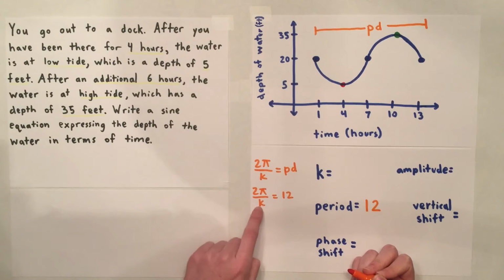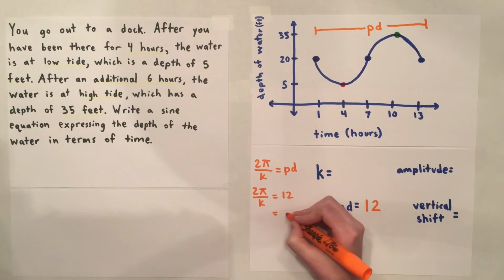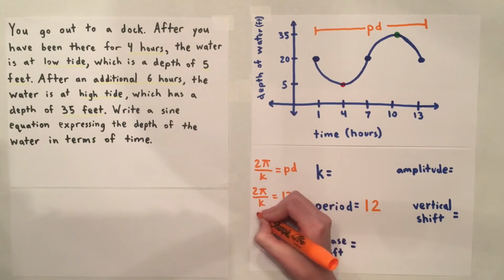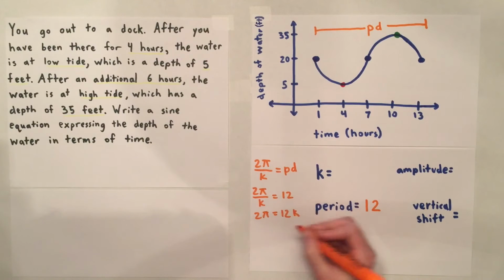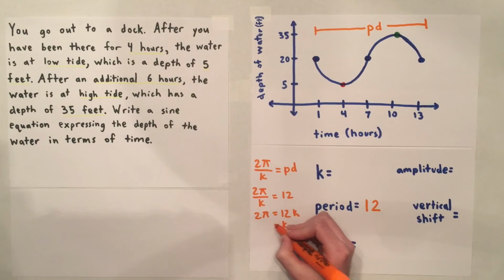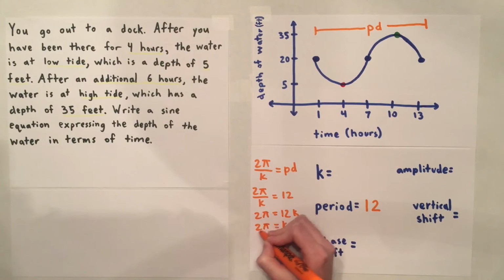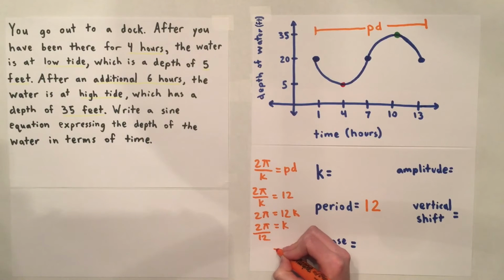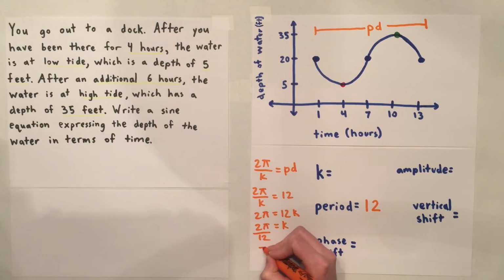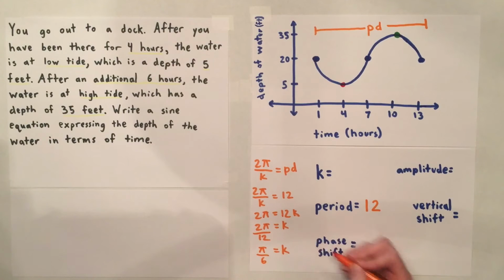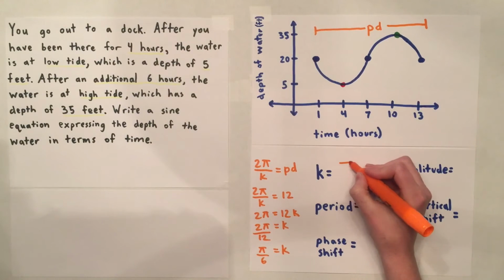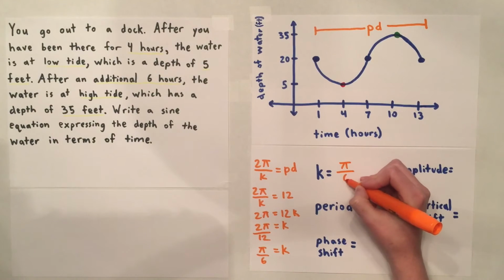And now we can solve for k. So, if we solve for k, we find that k is equal to pi over 6.